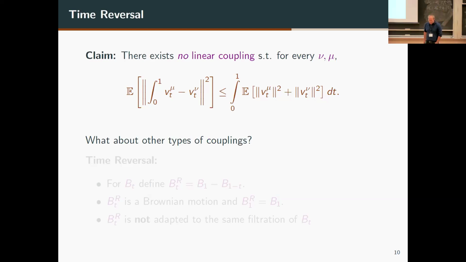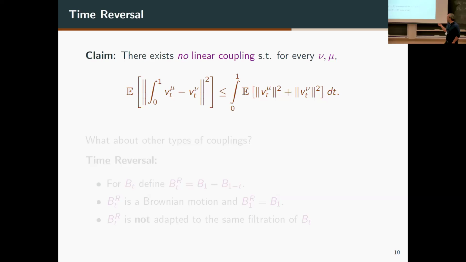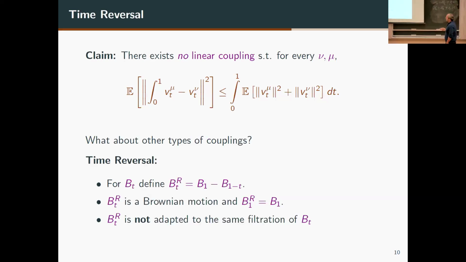And this is where the reverse coupling from the title kicks in. So we want a coupling which, at least, will give us that property that there is no joint filtration, but the two Brownian motions agree at time one. So here is, if you open Wikipedia and look at Brownian motion properties, this is one of the first four, right?